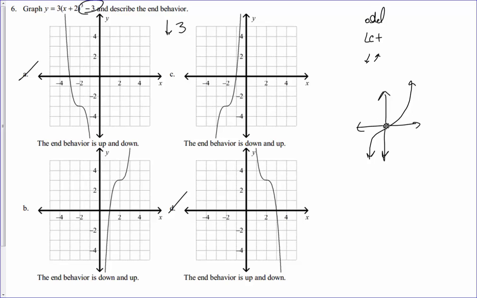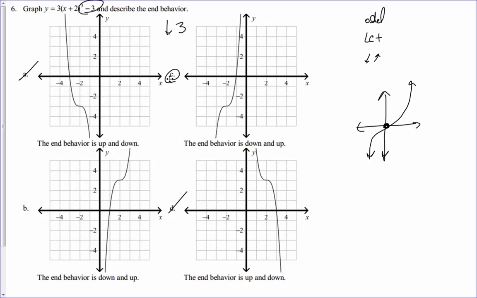That's what you want to look for to find out which one of these two has been moved down 3. Well, this part should normally go through here, and it looks like it's been moved up 3. This part normally goes through the origin, and it looks like it's been moved down 3. And in fact, it has. So the answer for this one is C.